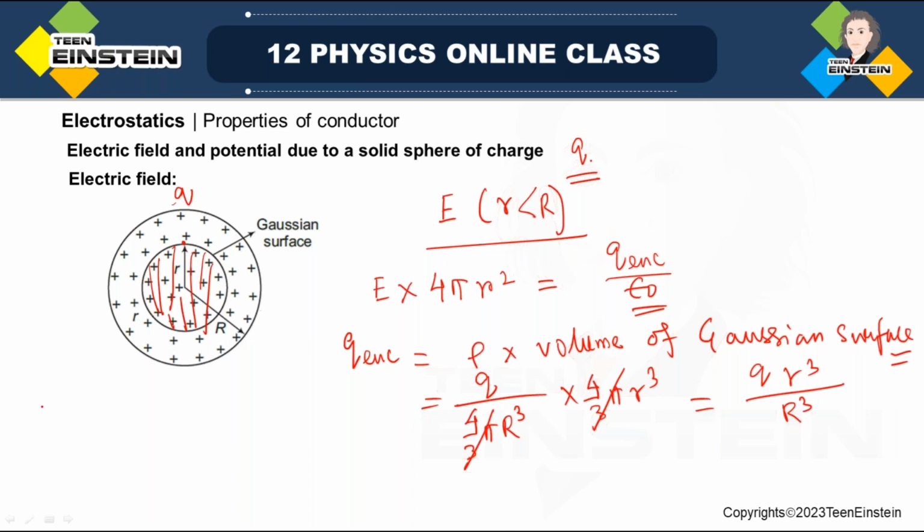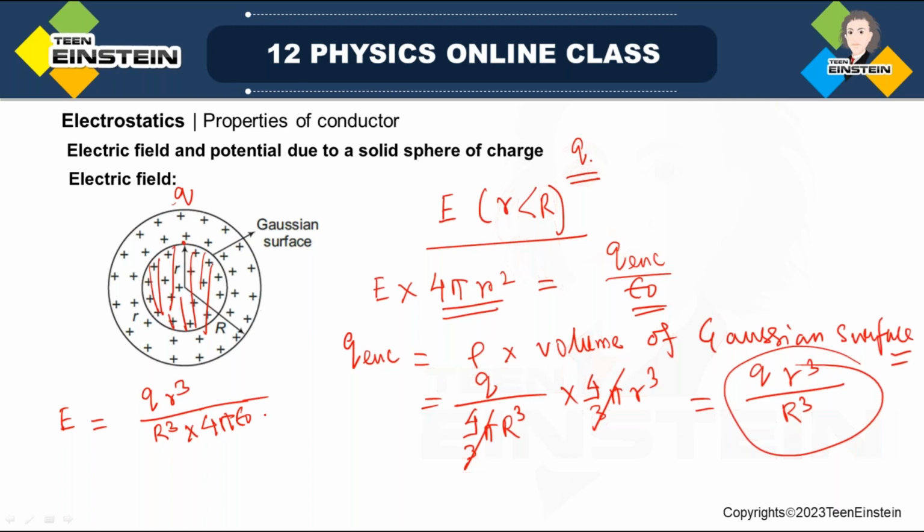Now if I write it here, E equals charge enclosed, which I have already found, so I can directly write from here. From here charge enclosed is Q r cube by capital R cube, and 4 pi r square will be in the denominator, and obviously there will be epsilon 0.